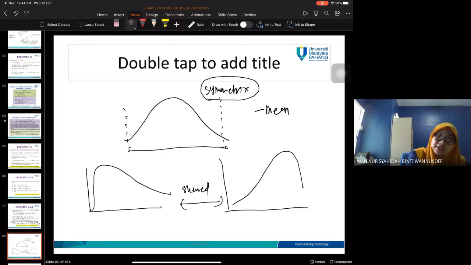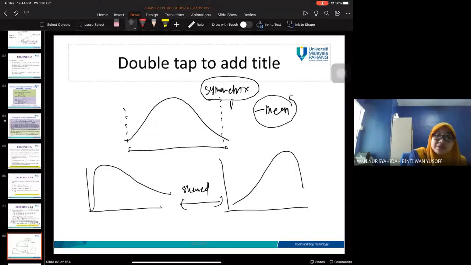So when there is no outlier, mean is good to use. When we have symmetric data, the probability that an outlier is in there is low, or maybe there is no outlier. So when we have symmetric data, mean is the best one.